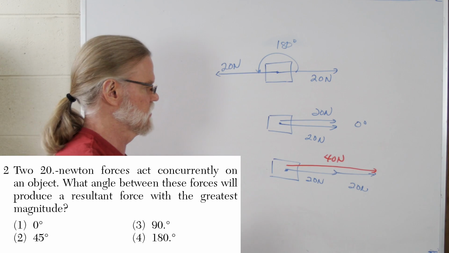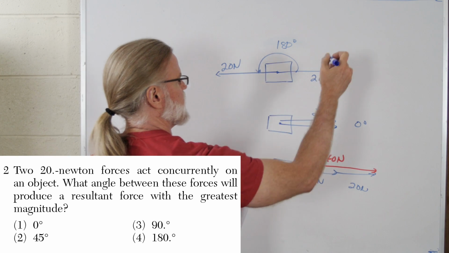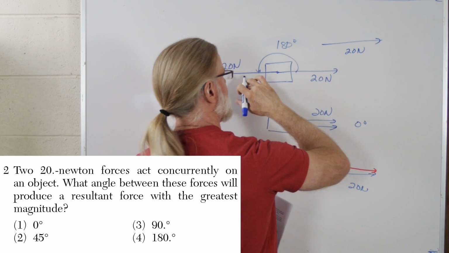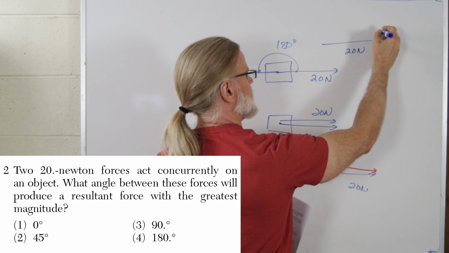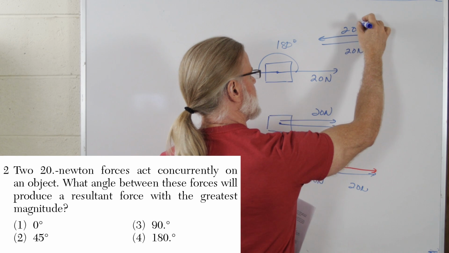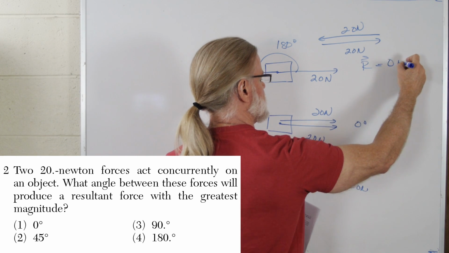Okay, so they have a resultant of 40 newtons. This one would have a resultant. If I added these up, I would go 20 newtons, and then I would add it, let's draw that, 20 newtons, like that, and the resultant would be 0 newtons.